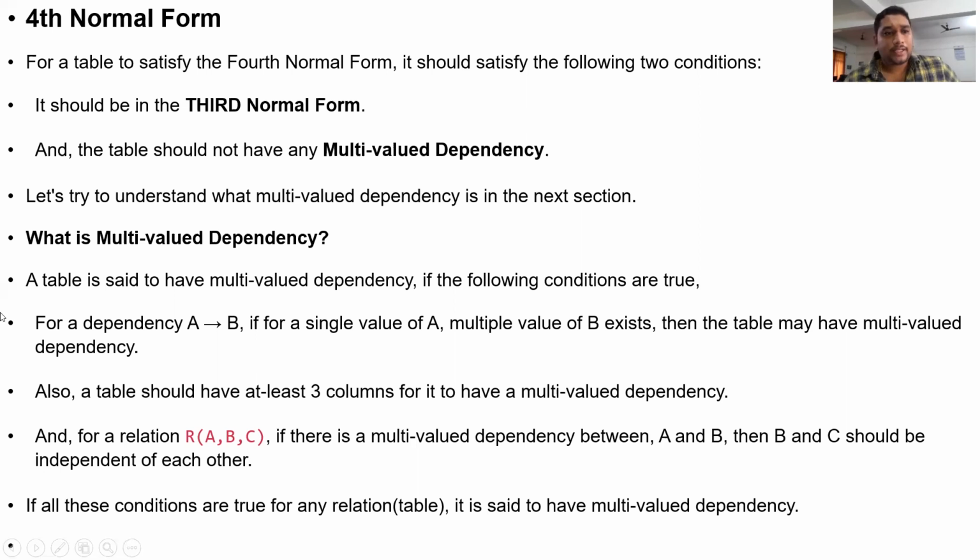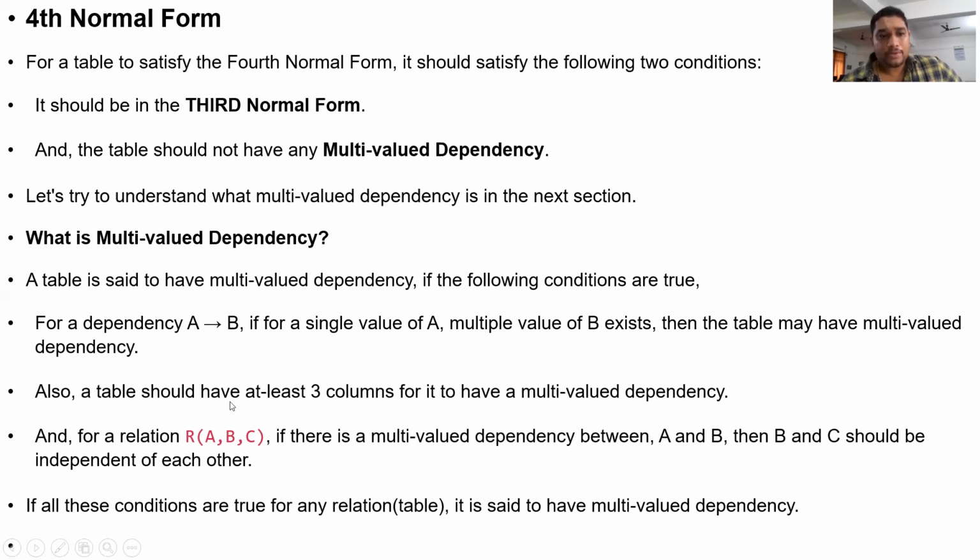What is a multi-value dependency? A table is said to have a multi-value dependency if the following conditions are true. For a dependency A to B, B is the dependent and A is the determinant. If for a single value of A, multiple values of B exist, that is, for a particular value we have a number of Y values, then the table may have multi-value dependencies.